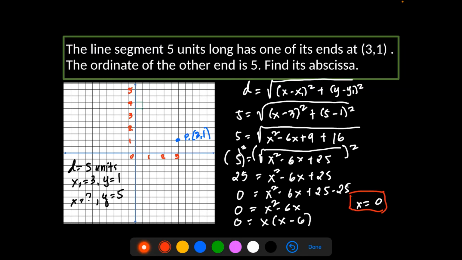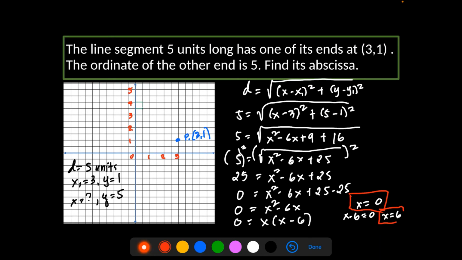And the second one is x minus 6 equals 0, that is x equals 6. Okay, so we have two solutions, 0 and 6.